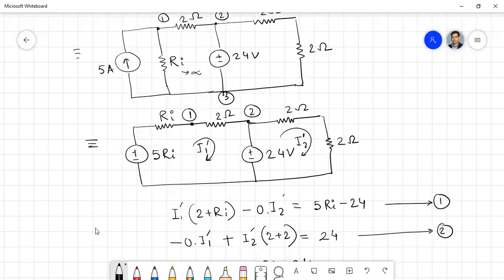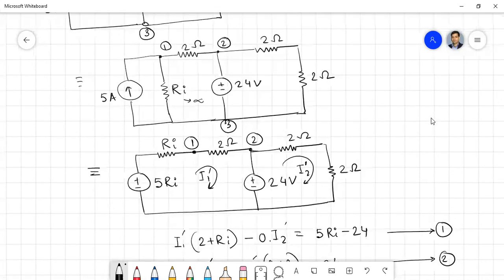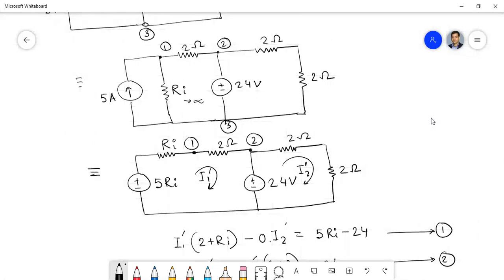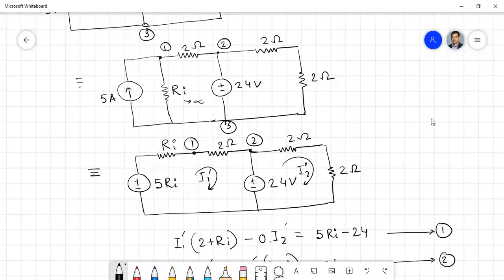Though for loop current or mesh current analysis, if a voltage source is there, without resistance or with resistance, you should not bother about it. But in case of loop current analysis, in most of the cases we have to convert the independent current source to a voltage source, or do a source transformation.